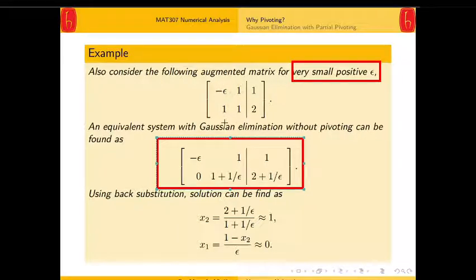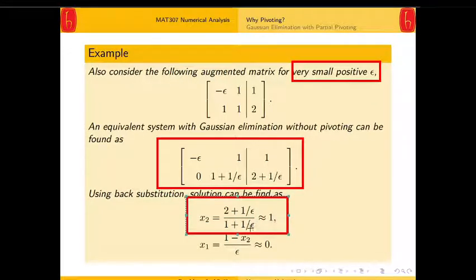Once we do that, we have 0 here, 1 plus 1 over epsilon here, and 2 plus 1 over epsilon there. Now this matrix is in echelon form, so we can proceed with back substitution. We see x2 is equal to 2 plus 1 over epsilon divided by 1 plus 1 over epsilon.